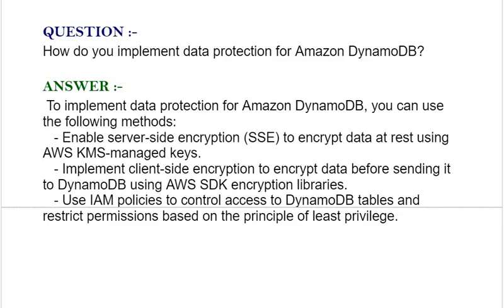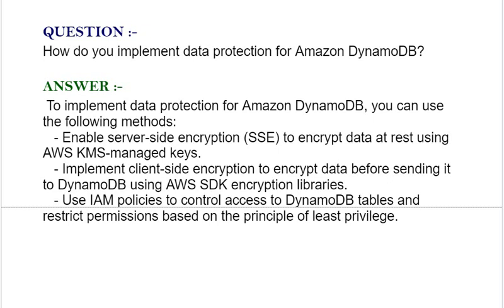Our next interview question is: how do you implement data protection for Amazon DynamoDB? Your answer should be: to implement data protection for Amazon DynamoDB, you can use the following methods. Enable server-side encryption (SSE) to encrypt data at rest using AWS KMS managed keys.